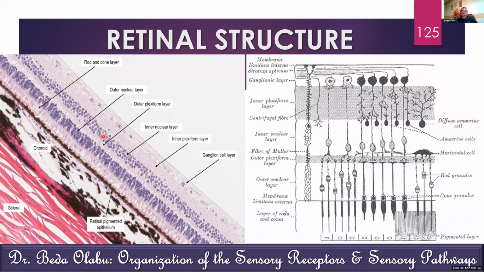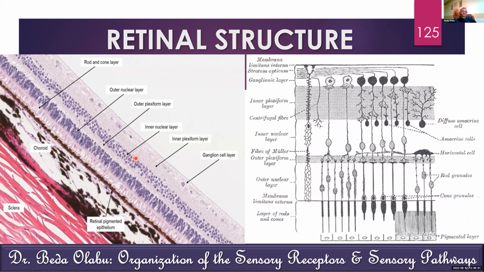The inner nuclear layer contains cell bodies of 4 types of cells. It contains the cell bodies of the bipolar neurons. In this image, you can see the bipolar neurons there. It also contains the cell bodies of the amacrine cells, the horizontal cells, as well as the Muller cells. So bipolar neurons, amacrine cells, horizontal cells, and the Muller cells have their cell bodies within the inner nuclear layer.